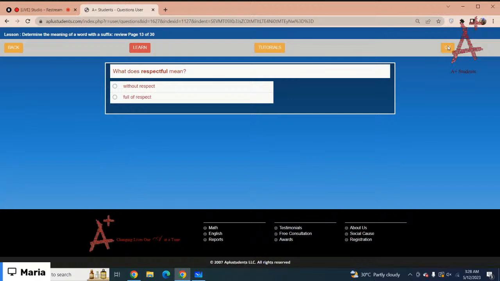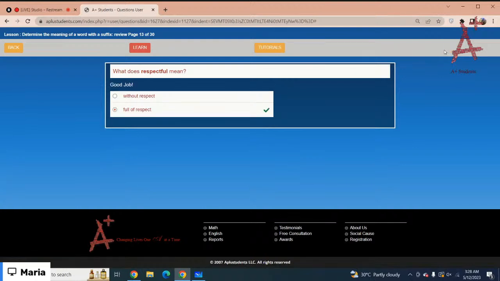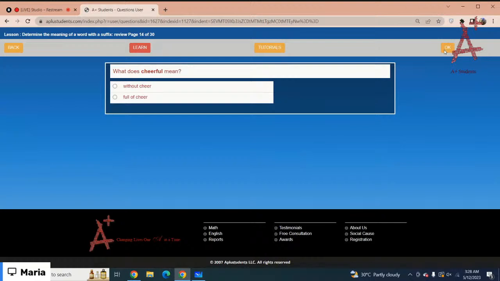What does respectful mean? That would be full of respect. What does cheerful mean? That means full of cheer.